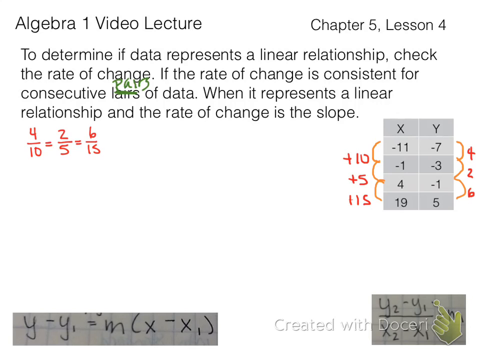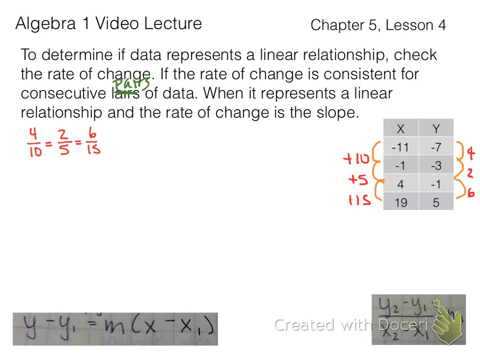Whereas for the y's, we have a 4 increase from negative 7 to negative 3, a positive 2 increase from negative 3 to negative 1, and a positive 6 increase from negative 1 to 5. So if I turn these into fractions where the differences of the y's are the numerator and the differences in the x's are the denominators, I'm going to end up with some pretty consistent fractions here. So 4 over 10 is equivalent to 2 over 5, which is equivalent to 6 over 15.